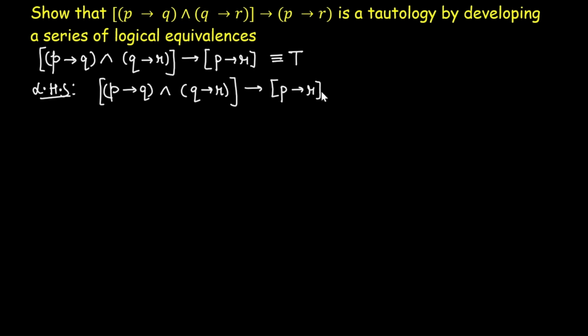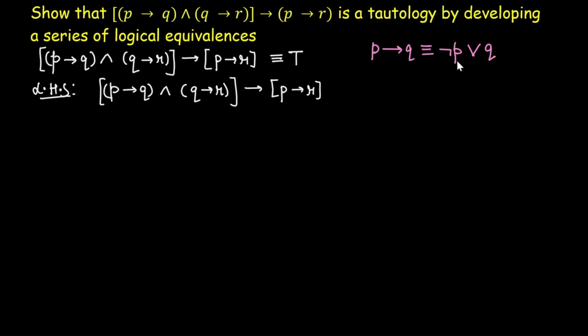Whenever we have the conditional statement, always break this conditional statement into OR form. As we know that P implies Q is logically equivalent to negation of the first statement, that is negation P, this operator gets converted into OR and this Q statement as it is.